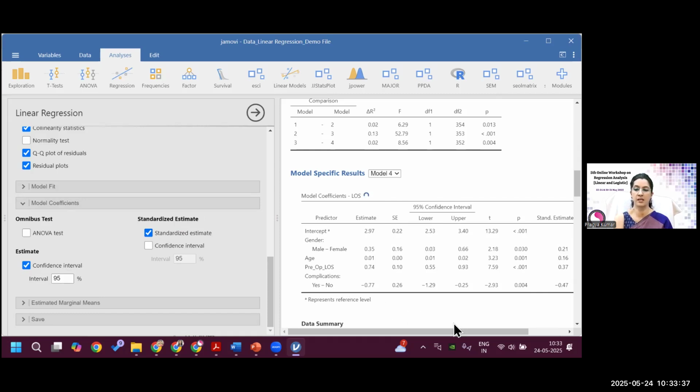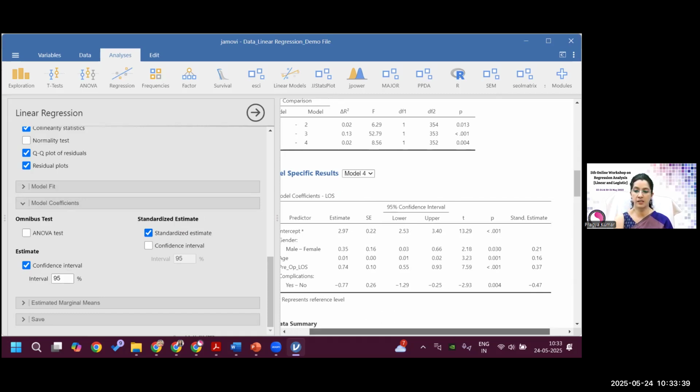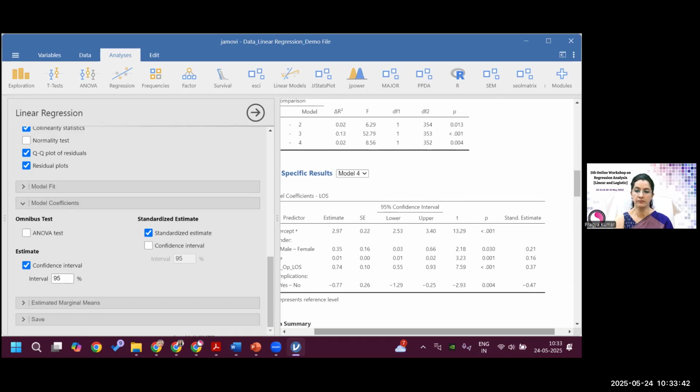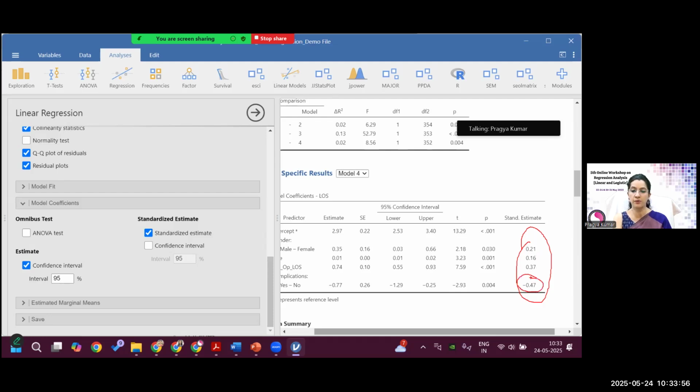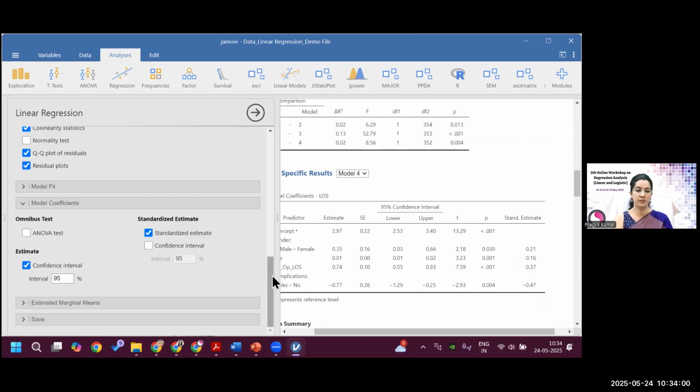This is the standardized estimate column. Now you can compare which one is the better predictor in terms of beta. The complication has got the highest value, 0.47. So this is how we interpret it.